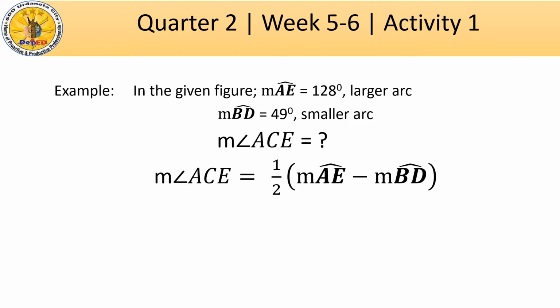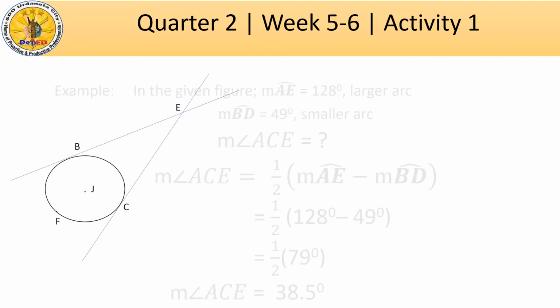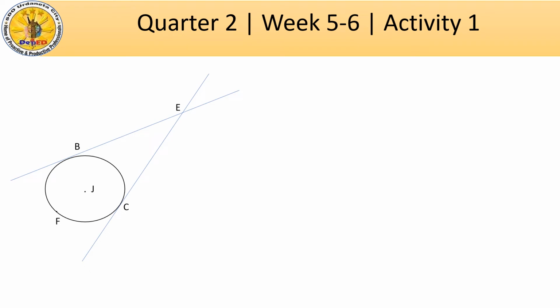So by simplifying, we have now one-half of 70 degrees, then the measure of angle ACE is equal to 38 and 5/10 degrees. Example number 2. Using a figure of a circle, the name of the circle is circle J, where two tangents intersect in the exterior of a circle.